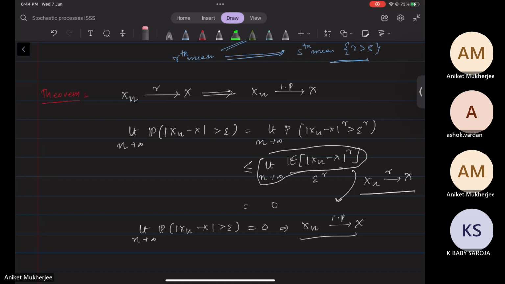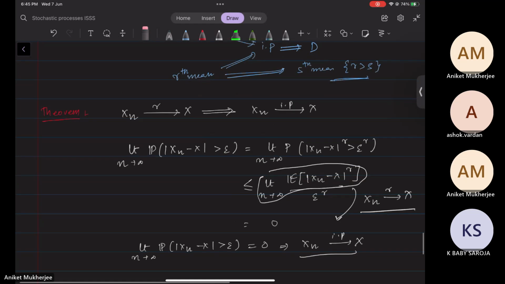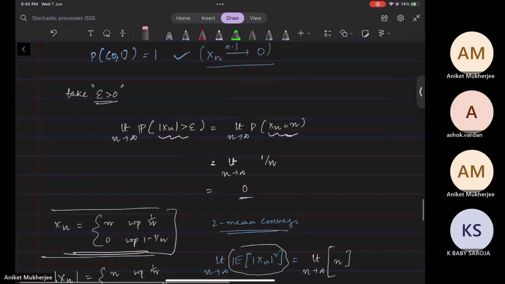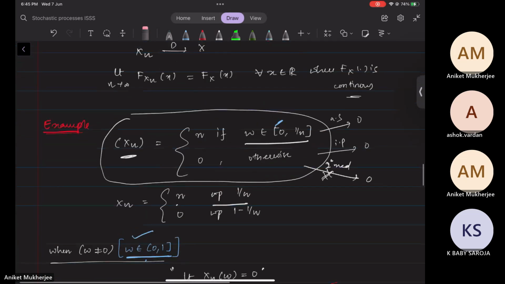Can you give an example of the other way around? Like, a counterexample showing why Xn converging in probability to X does not imply that Xn converges to X in rth mean. So this is the example.